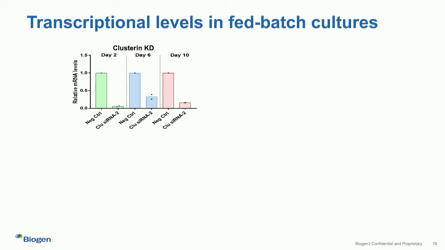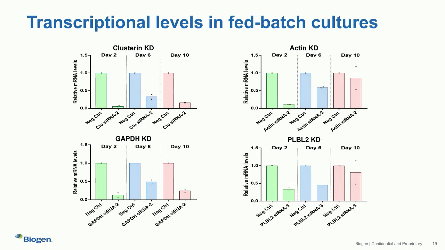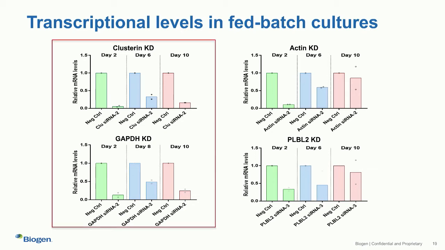For clusterin, we found that the low mRNA level was retained at day 6 and day 10, and so it was for GAPDH. However, for actin and PLBL2, the mRNA level bounced back at day 10. So basically, this siRNA works for clusterin and GAPDH, but not for actin and PLBL2.